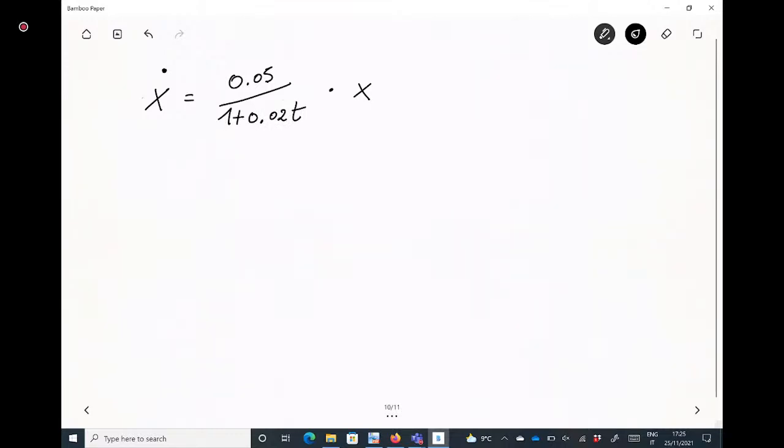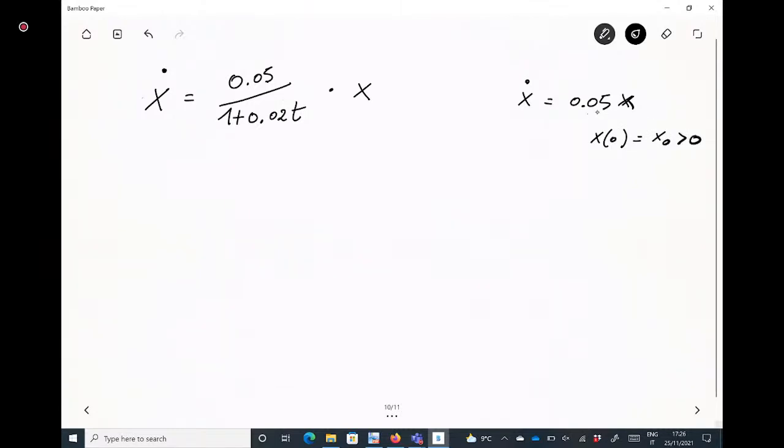But for a long time it is very close to 1, so I could compare it with x dot is equal to 0.05x. In this case, we know how to solve the equation, with x0 positive.